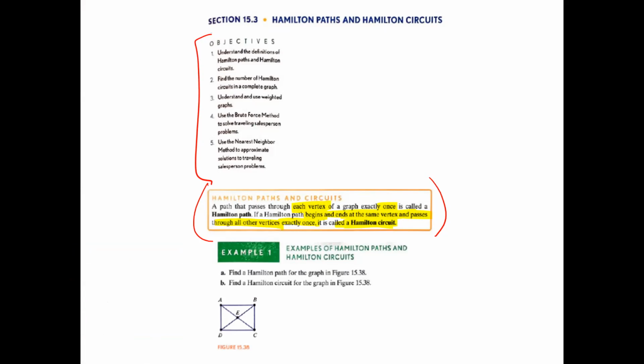So A, find the Hamilton's path for the graph. In order to be a Hamilton's path, you have to go through each vertex exactly once.